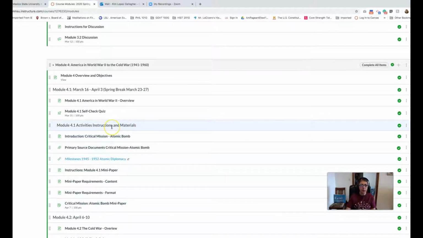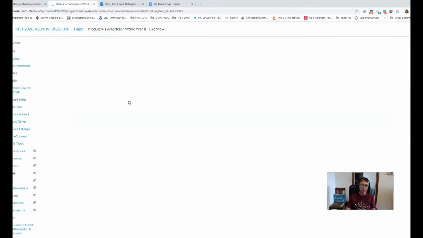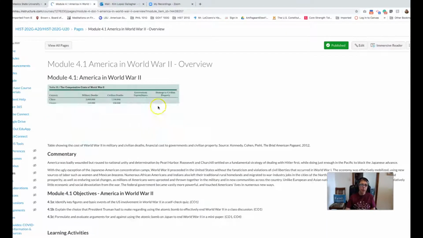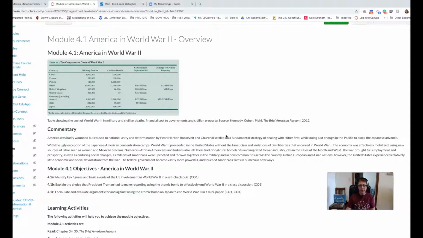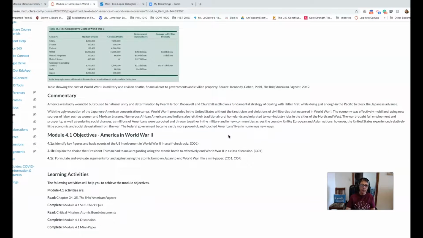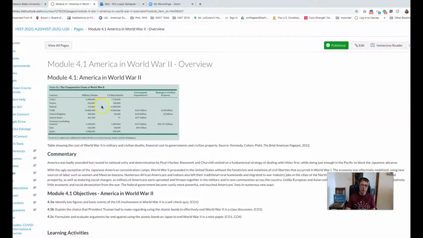I want to go over the instructions for that paper, but first, let's take a look at our overview. Where we are is World War II, and the paper is going to address the end of World War II. This is an interesting chart that shows the number of deaths, the true cost of war.